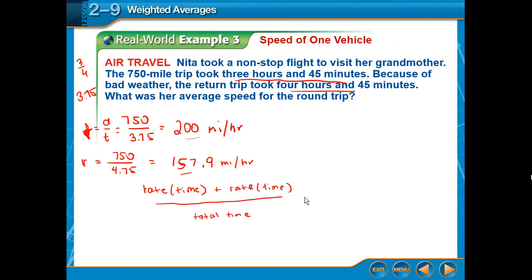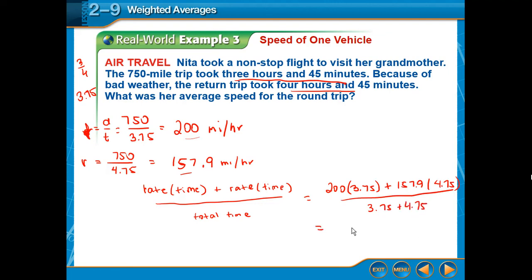So when we do this, we're going to do 200 times 3.75 plus 157.9 times 4.75, divided by 3.75 plus 4.75.